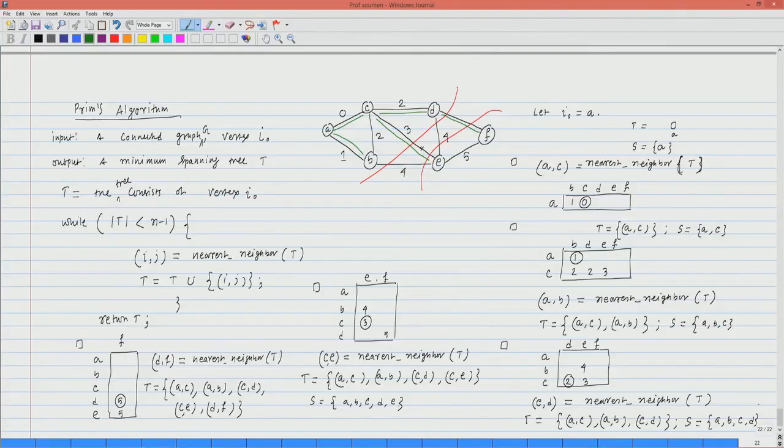Okay. So, we have learned how to find a minimum spanning tree using Prim's algorithm. It starts with one vertex, and at the first step it will find the nearest neighbor of that initial vertex, and once you get the nearest neighbor, now your tree consists of 2 vertices, and again you expand that tree at every step until all the vertices are included or there are n minus 1 edges.